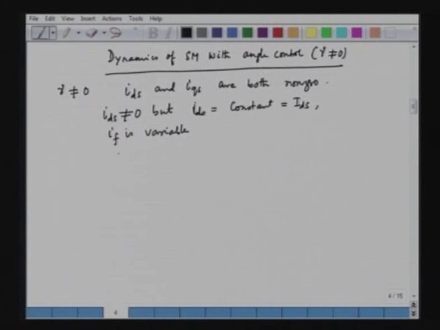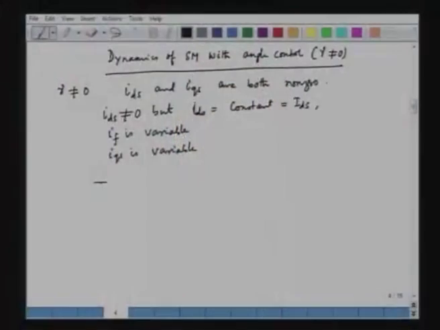And IQS is also variable. So, if we have this situation, if we see the expression for the torque, we can appreciate which all terms will be present. Now, let us see the expression for the torque once again.